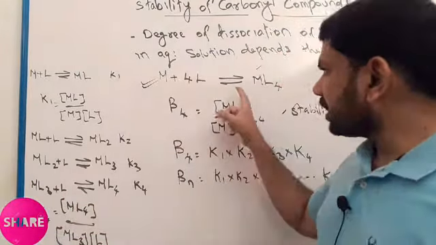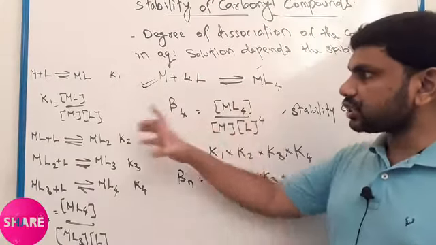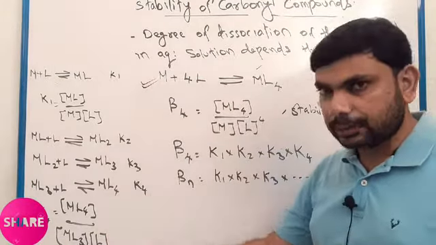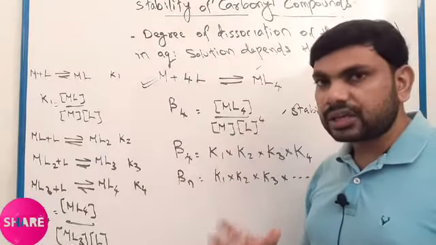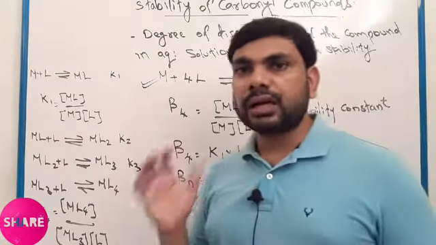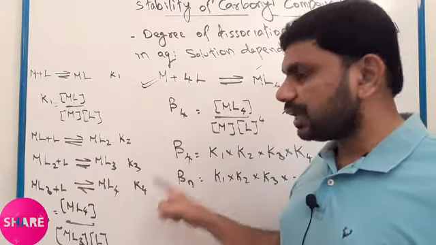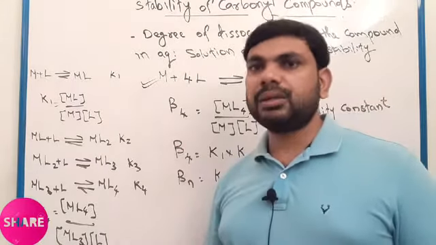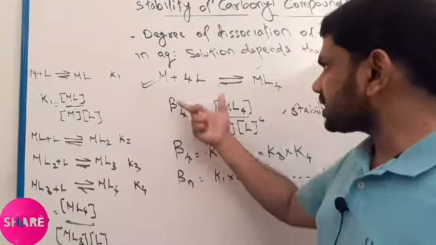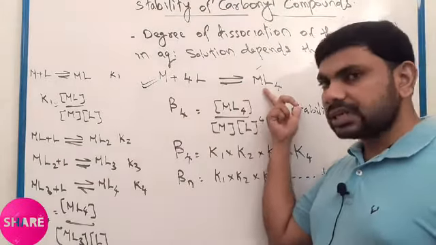So this is a single reaction. This single reaction happened in 4 different steps, and there are 4 different equilibrium constants, or 4 different stability constants, K1, K2, K3, K4. Now consider this chemical reaction happened in a single step.